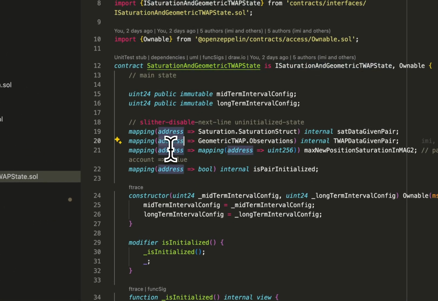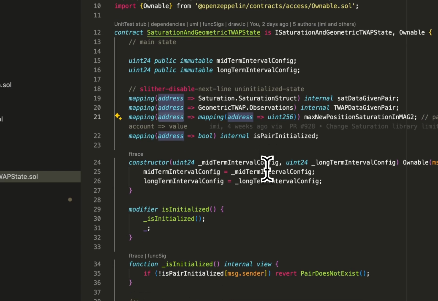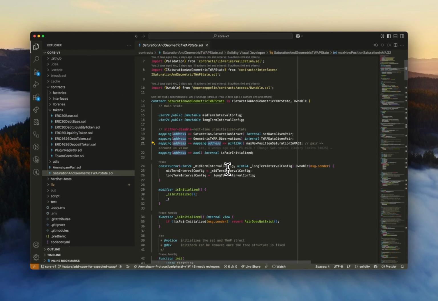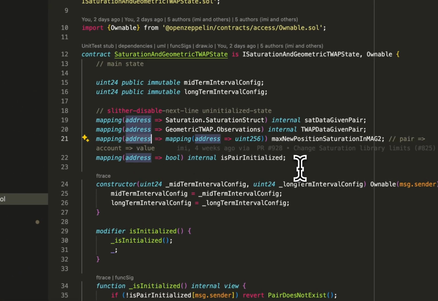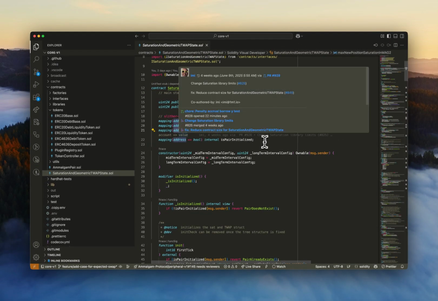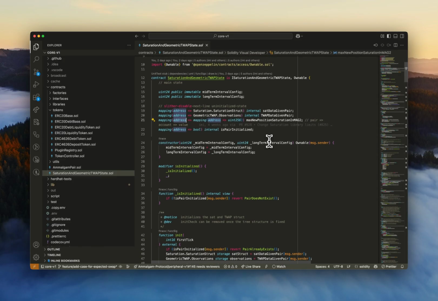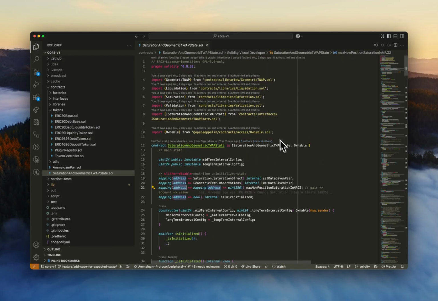The addresses are the actual pair. So a pair will call this contract, this contract will look up message sender to determine what data it belongs to, and then it will return the needed call.